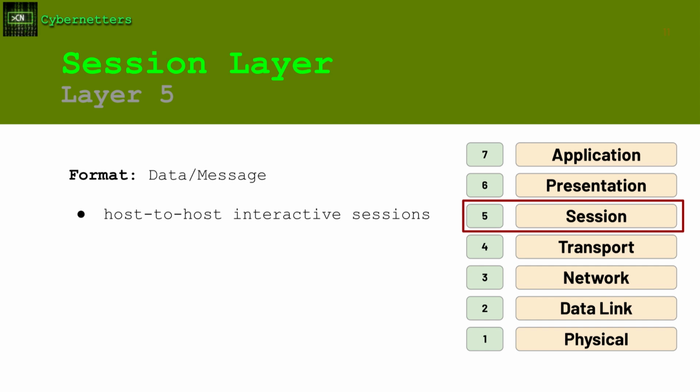Its responsibilities are to establish, maintain, and terminate sessions between two hosts. Basically, the host-to-host interactive session. Think of it as making sure the line stays up during a phone call. Additionally, the session layer works with ports, which are like doorways on your device. Each application uses a unique port number to keep its communication separate from the others.